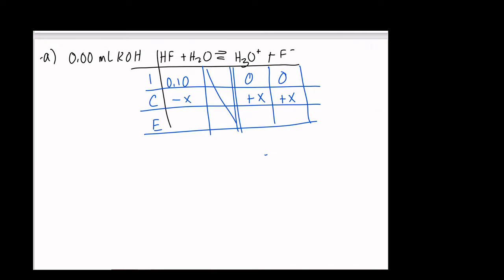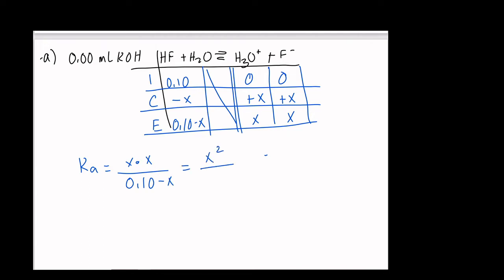We don't know exactly how much that is, but it's going to be controlled by our Ka for HF. So at equilibrium, we're going to have 0.10 minus X, we're going to have X and X, okay? So let's go ahead and set up our equilibrium expression. Our K is equal to x times x over 0.10 minus x, right?